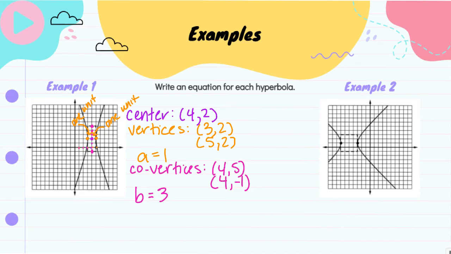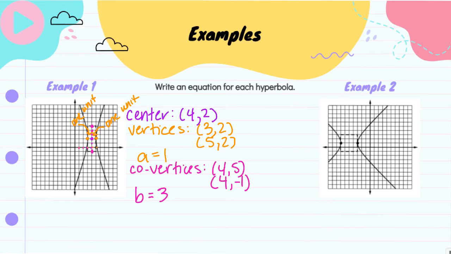So now if we return to our equation of the hyperbola, keep in mind that this hyperbola is a horizontal hyperbola. We know it's a horizontal hyperbola because it opens to the left and to the right. We also know it's horizontal because the transverse axis is horizontal.